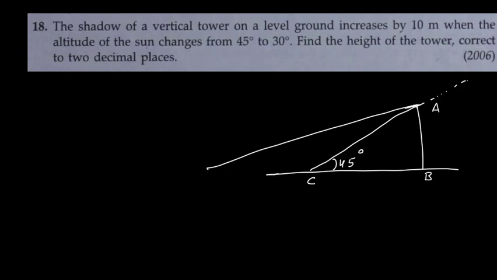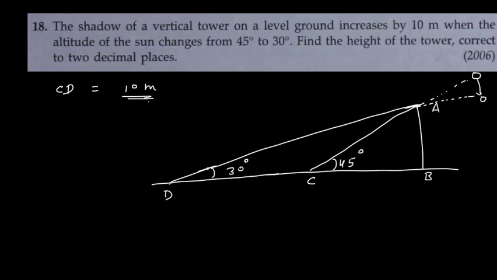This ground I will extend like this. So here sun goes down, here sun was there and then it came down. So here I got an angle of 30 degree, and this distance CD is given 10 meter. Now we have to find only the height of the tower AB.